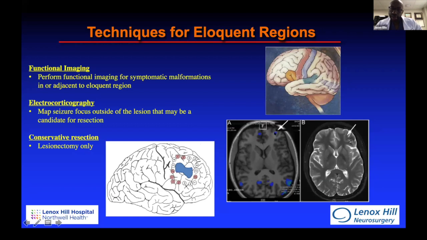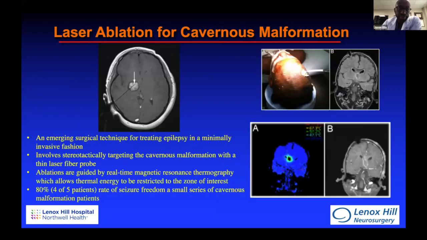And you can see the arrows pointing to the area that activated with speech. So we avoided that area with functional mapping during surgery and removed the cavernoma. And that was an excellent way to remove this lesion from a potentially eloquent region of brain.